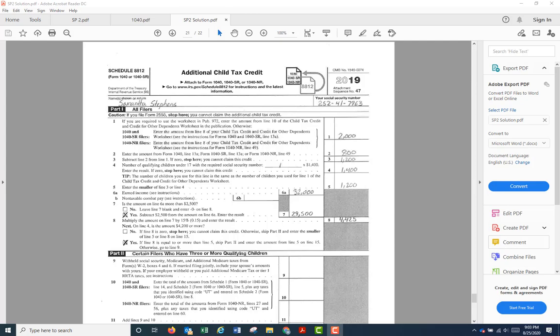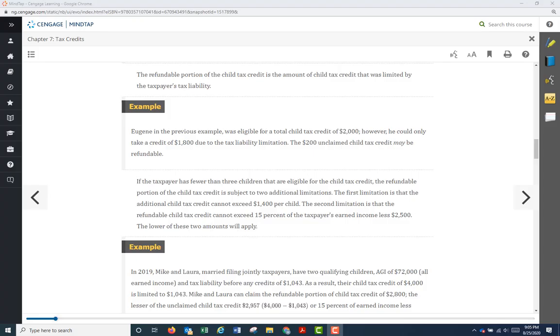Let's take a look at the book. The book states that there are 2 limitations. The first limitation is that the additional child tax credit cannot exceed $1,400 per child. We already know that, right? The second limitation is that the refundable child tax credit cannot be more than 15% of the taxpayer's earned income less $2,500.